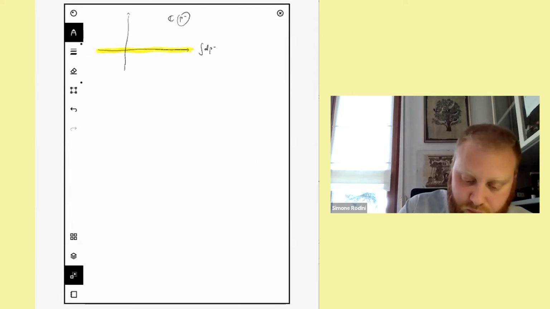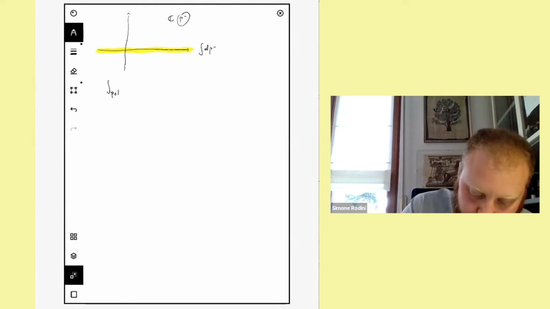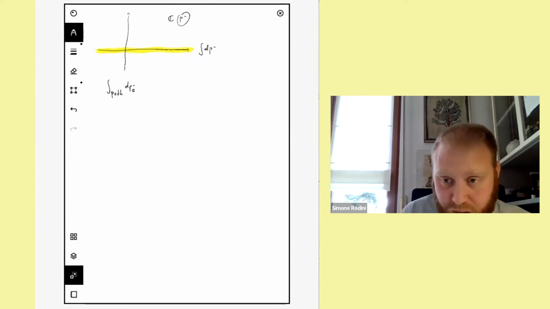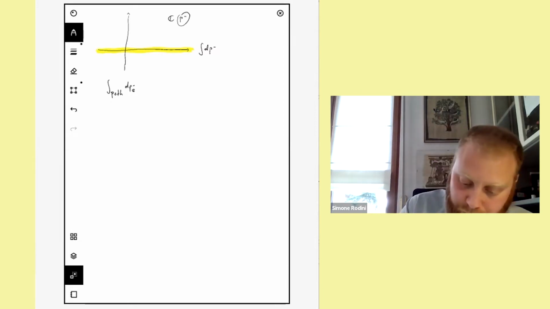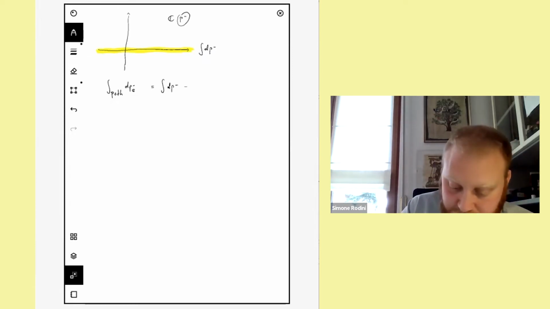To compute this, you introduce some path in the complex plane of p minus. So let me put a C just to tell you that this is the path in the complex plane of p minus. And of course, the path should include the real axis. So you will have your integral over p minus plus an integral over something else.